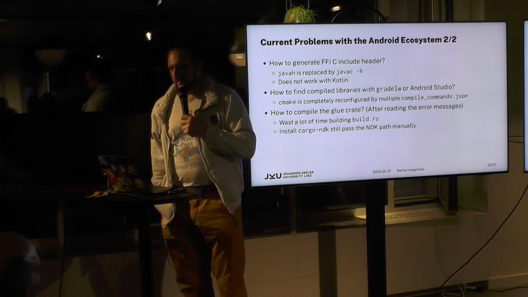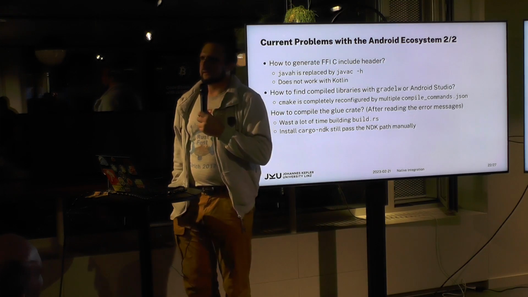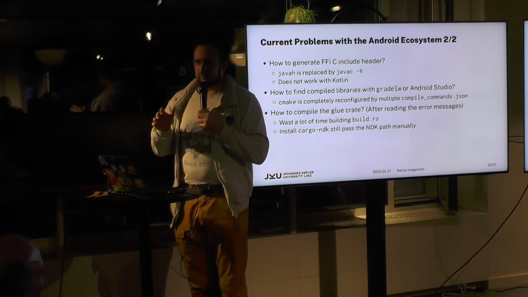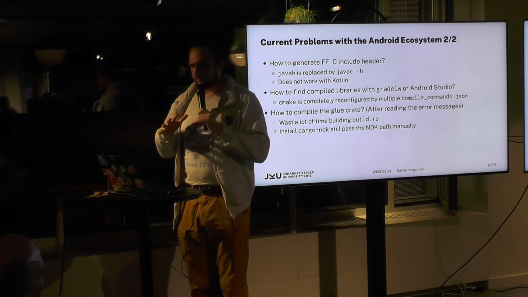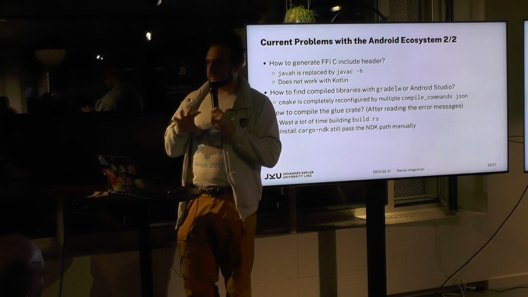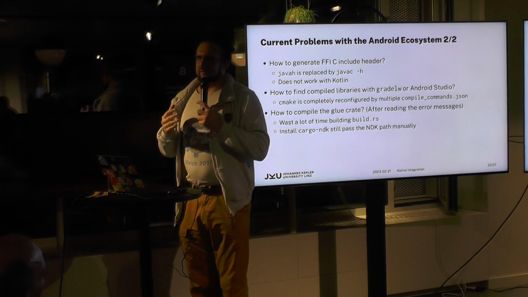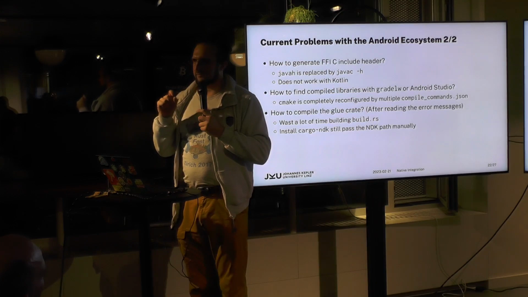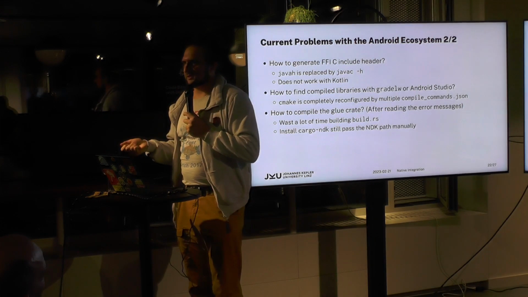So another thing is the glue crate, it needs the cross-compilation toolchain. So you can go the Ubuntu route where you just install every toolchain in your main system. Sort of works. Or you can use the SDK toolchain. But that doesn't work because for some reason the AR, so the archive repackage binary, is called differently depending on the architecture.